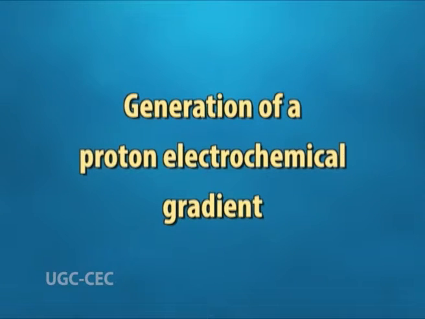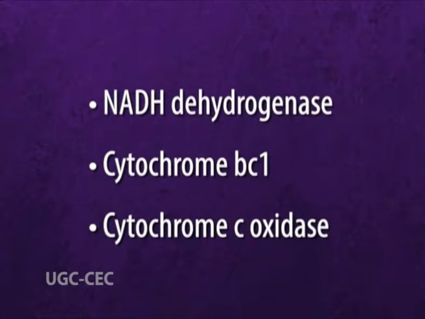Now the generation of a proton electrochemical gradient. There is a large change in the redox potential at each of the 3 complexes: NADH dehydrogenase, cytochrome BC1 and cytochrome C oxidase, which corresponds to a large change in the free energy.